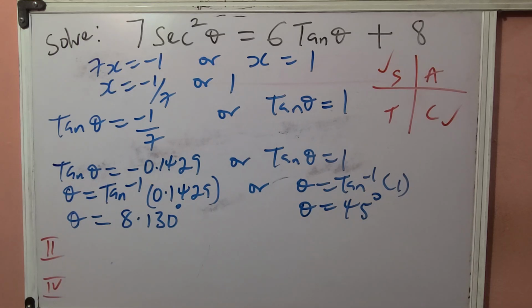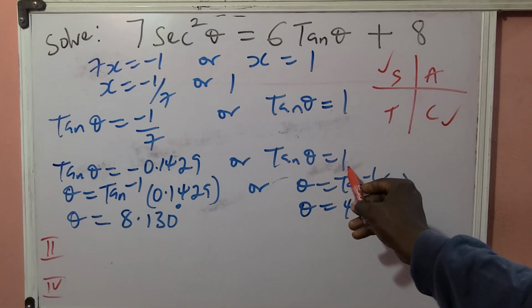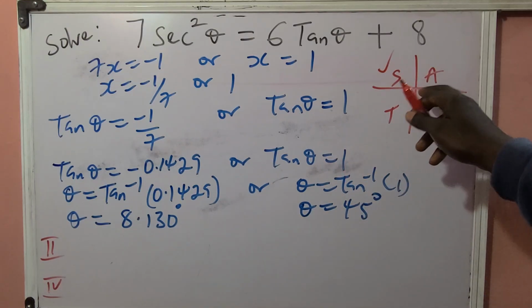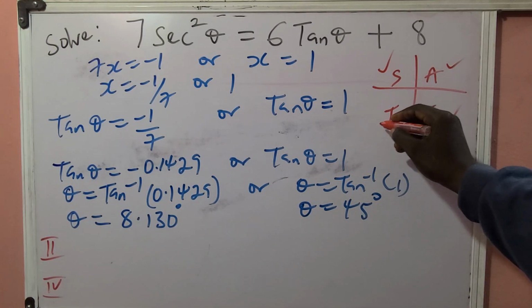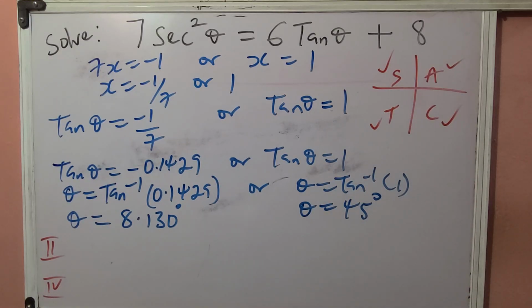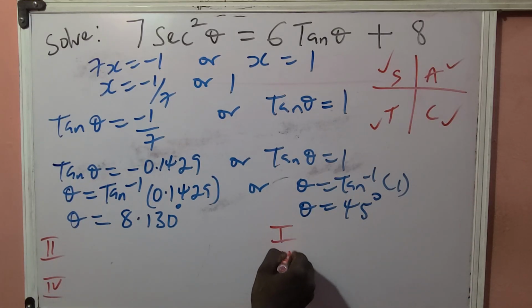And for this other side, where tan theta was positive 1, my quadrants of interest will be quadrant 1 and quadrant 3. So we go on to solve those two and find out what our final answer will be.